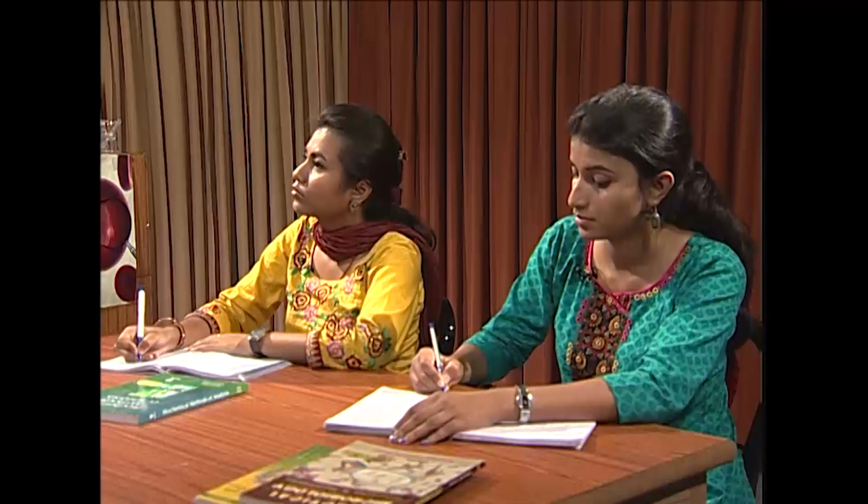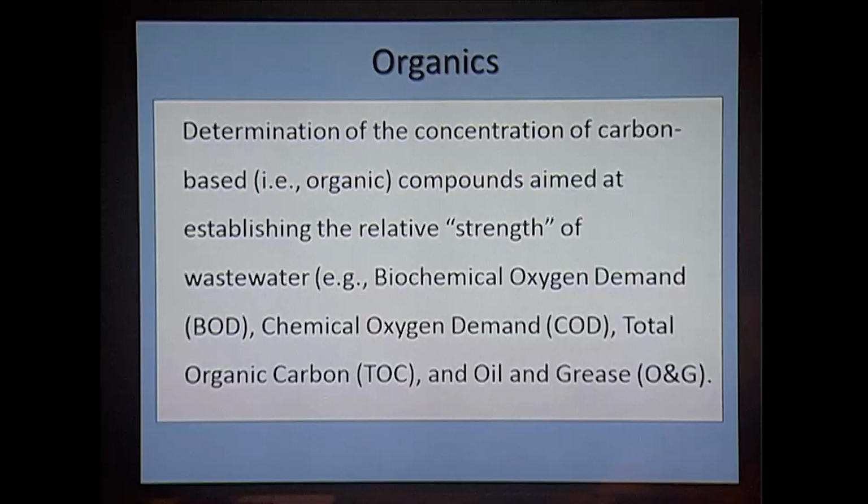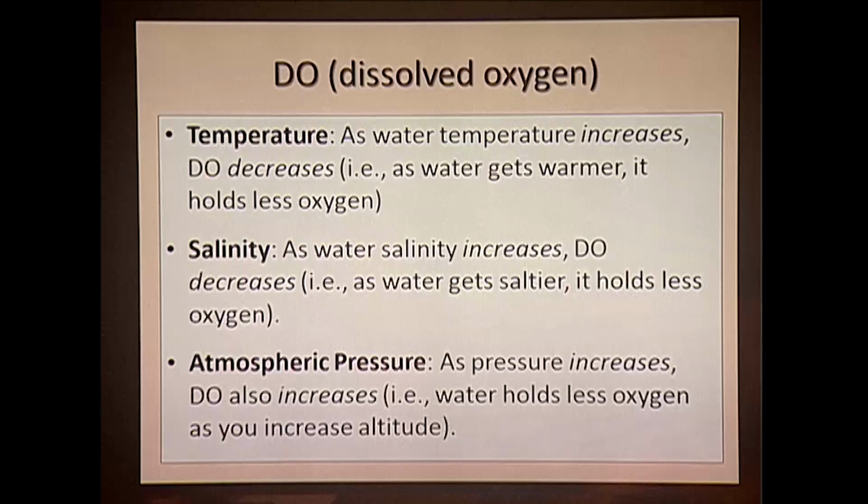The most important test for this is BOD, which is biochemical oxygen demand. Chemical oxygen demand is COD, TOC is total organic carbon and O&G is the oil and grease content of the water. Before we go into the test process, let us first learn what is dissolved oxygen, which we refer to as the DO.